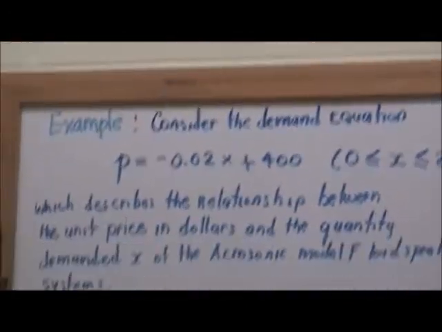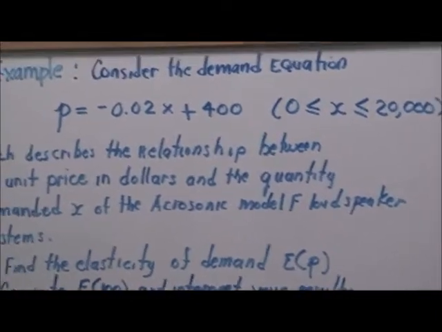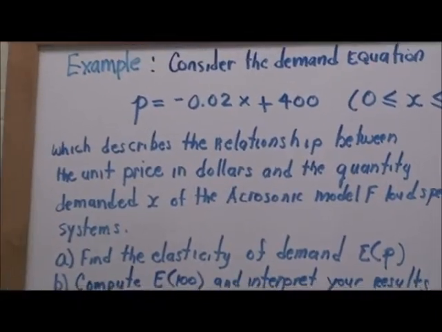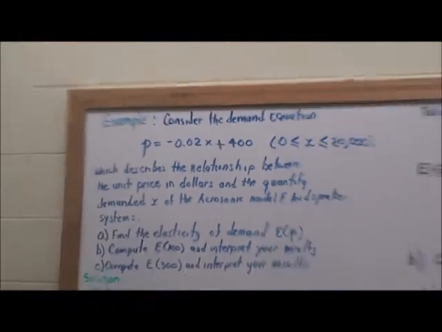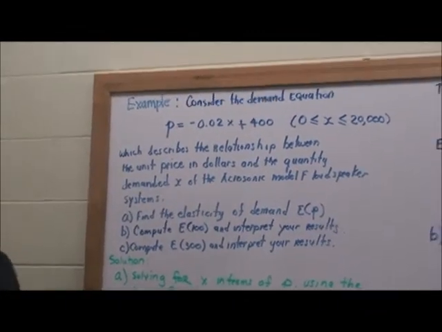Let's look at a problem. If you remember, we had an example from the previous videos dealing with profit function and cost function, and we talked about the Equisonic Model F loudspeaker.